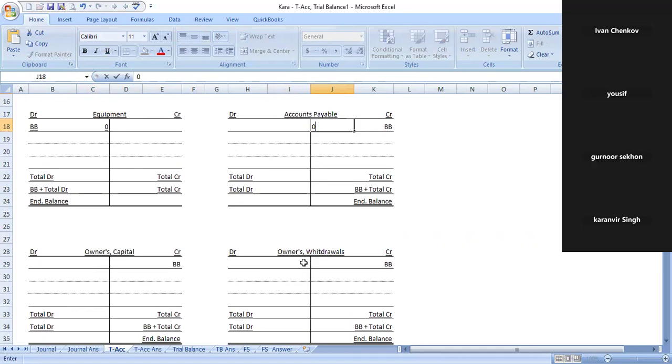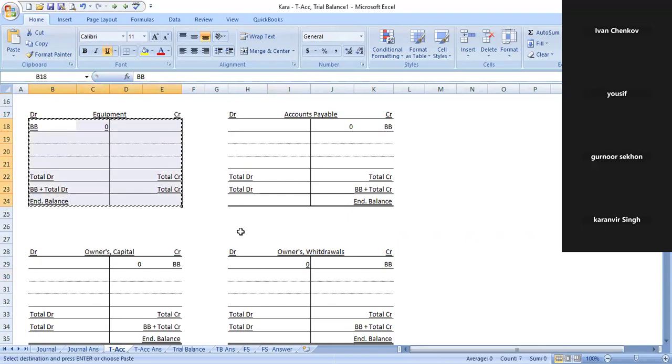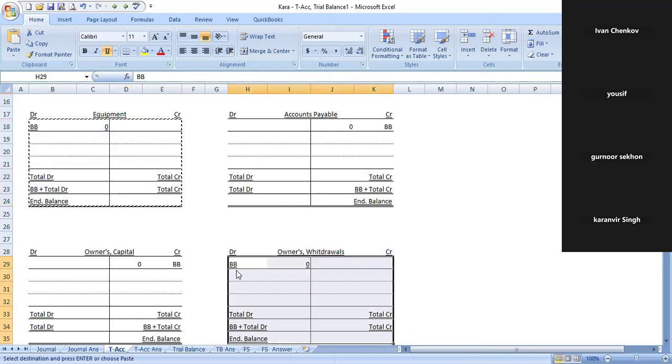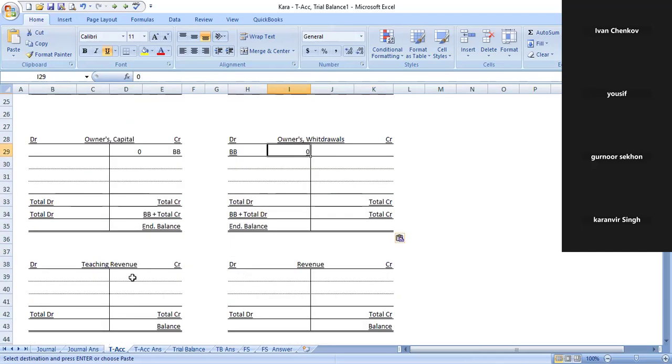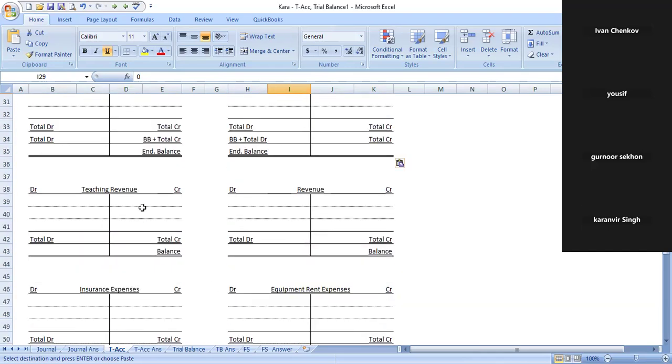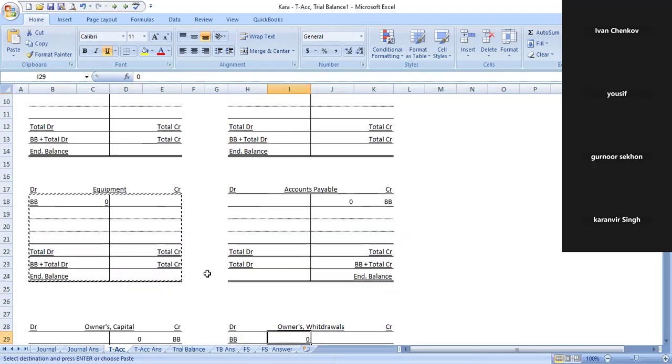Zero. How about capital? Zero. How about withdrawal? Still zero. The owner's withdrawal will be on the debit side, so we can put it here, zero, on this side, rather than the other side. So what I can do is get that one and flip it here and make it correct. Now the revenue and expenses we're going to see later, they don't have a beginning balance and ending balance.